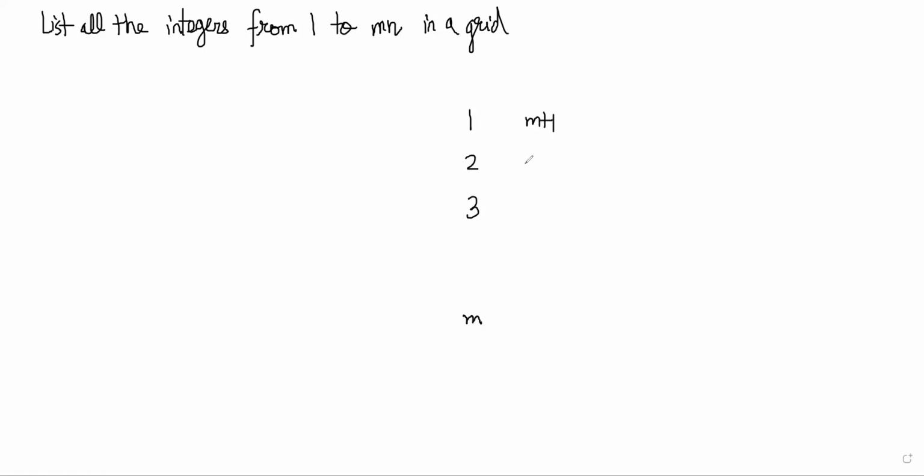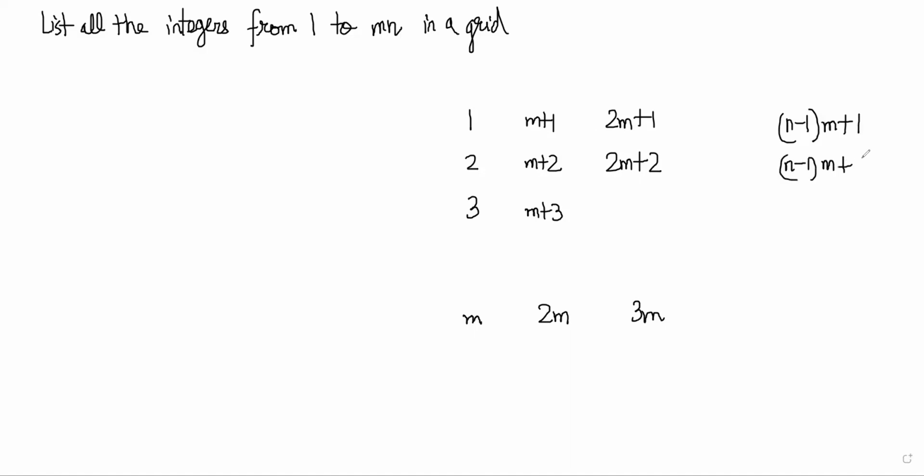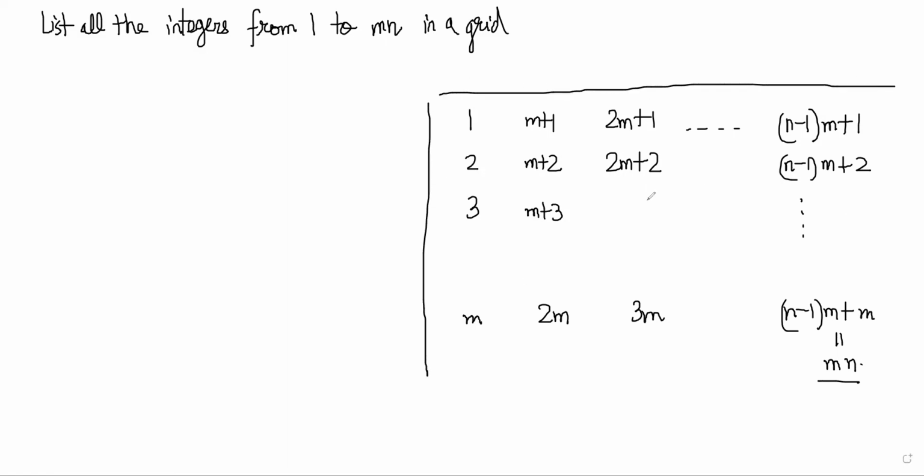Then here it will be m plus 1, m plus 2, m plus 3 till 2m, and similarly 2m plus 1, 2m plus 2, till 3m, and finally the last row will be (n minus 1)m plus 1, (n minus 1)m plus 2, and you go down till (n minus 1)m plus m, which becomes equal to mn. So this is my rectangular grid of numbers from 1 to mn.